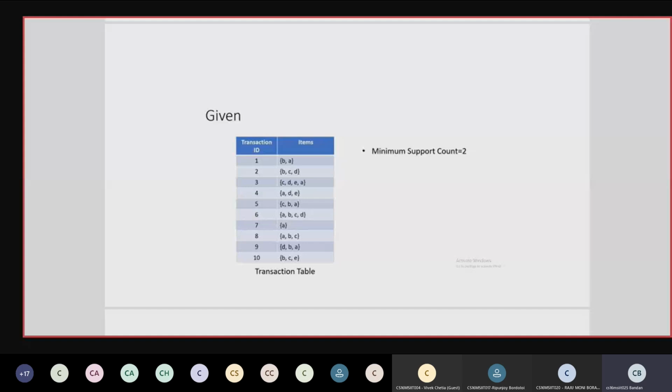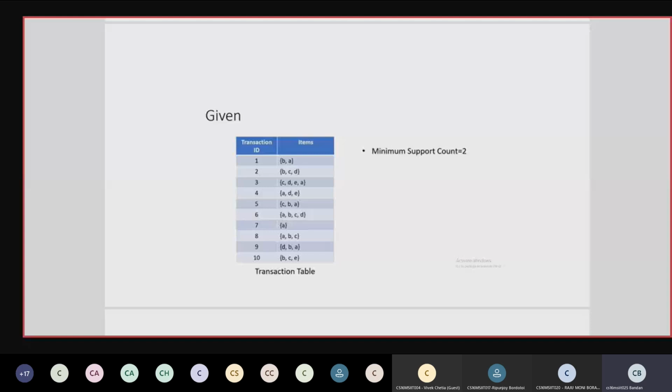To extract the frequent itemsets from FP trees, here we have two things: one is the transaction table and the other is the minimum support. A transaction table is a set of items, representing different items grouped together.